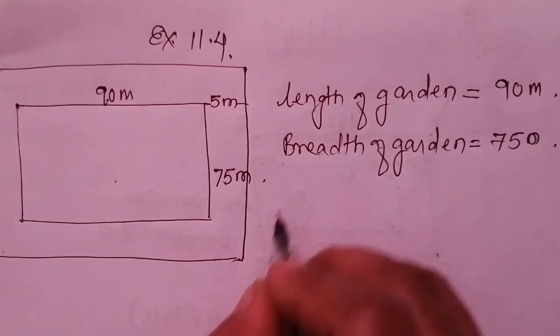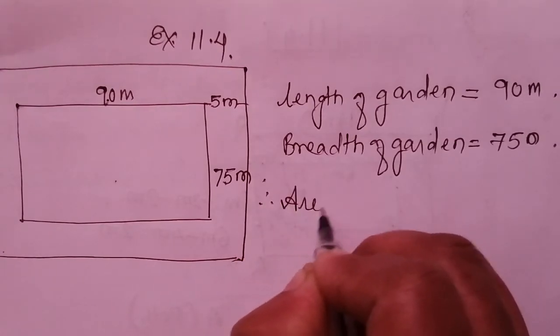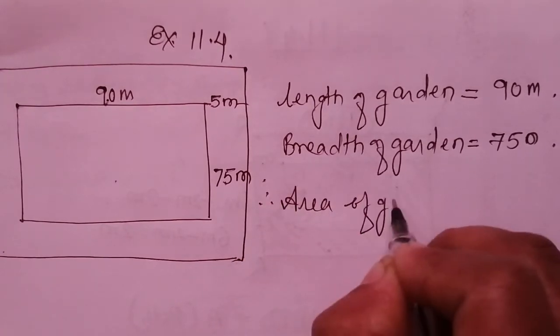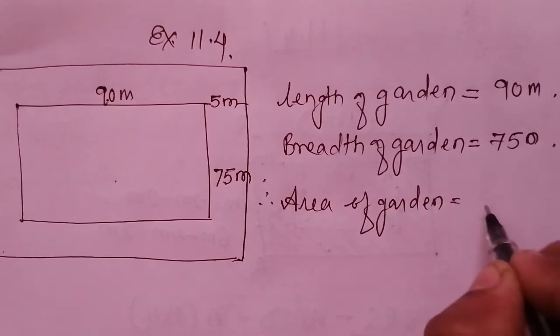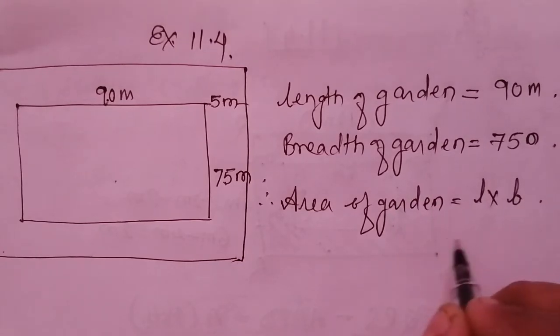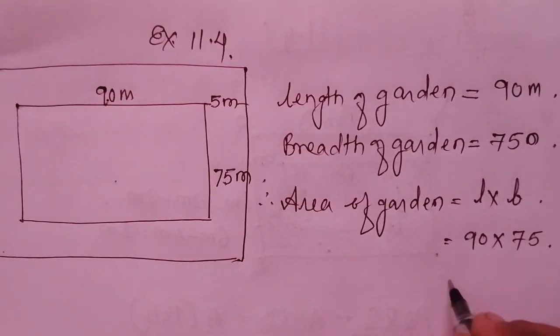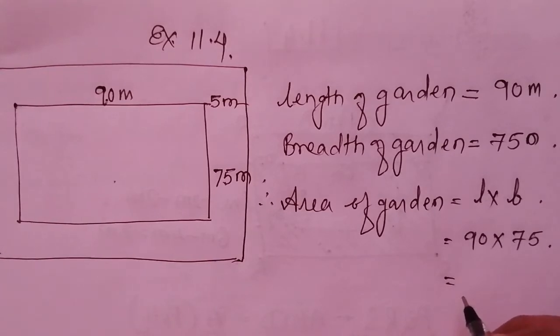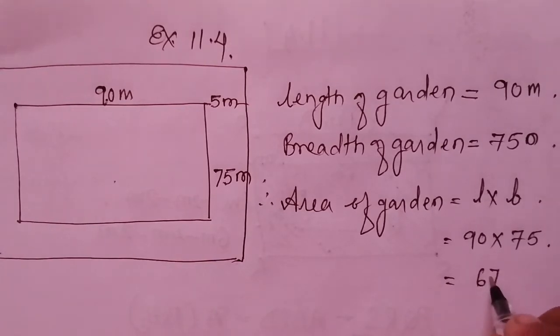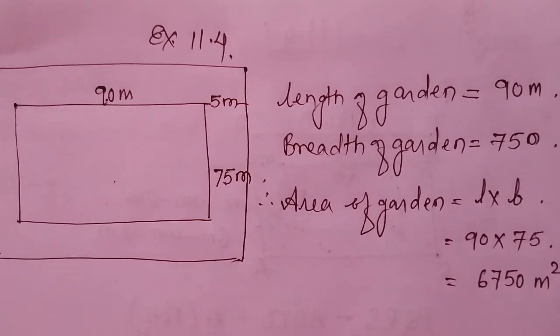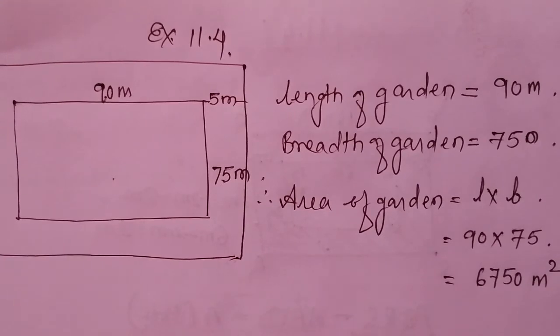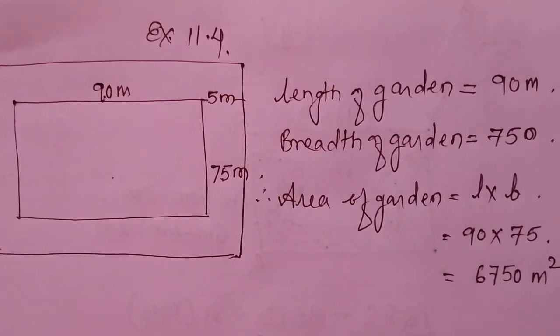Therefore, the area of the garden is equal to L multiplied by B, 90 multiplied by 75, so it is 6750, and the unit is meter square. This is the area of the garden in meter square. Now they ask you to find the area of the garden in hectare.